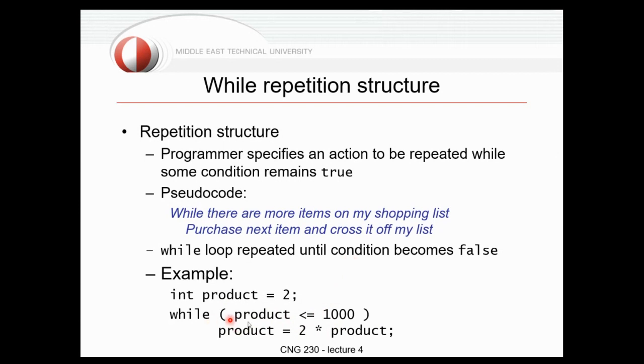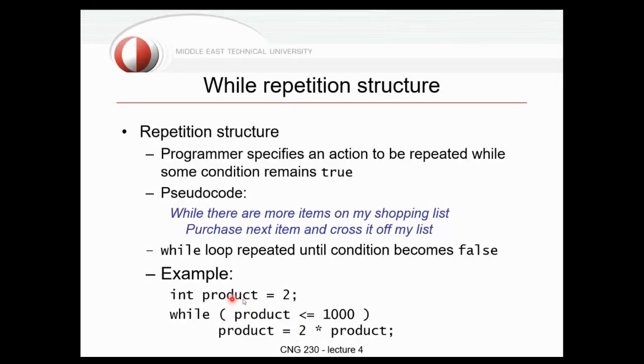So the difference between while and if is that this statement won't be executed several times, just one time. But for while, it will be executed again and again until this condition doesn't hold.